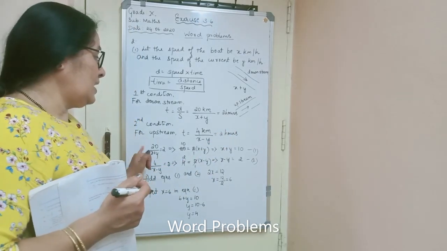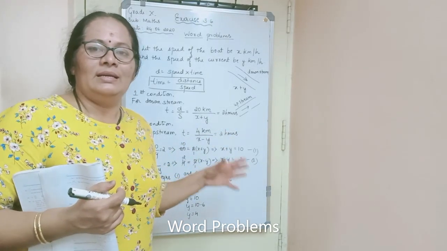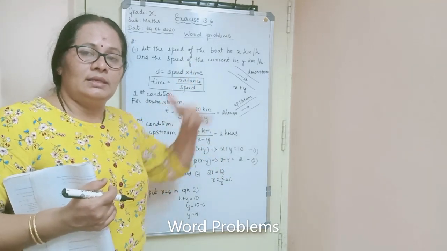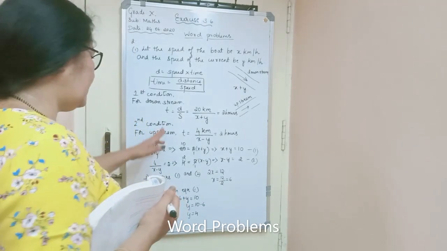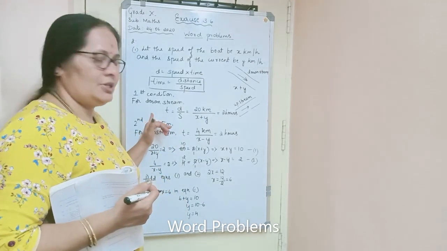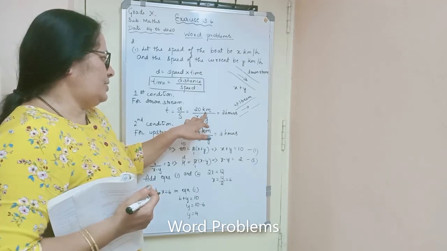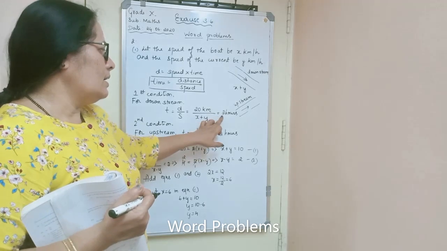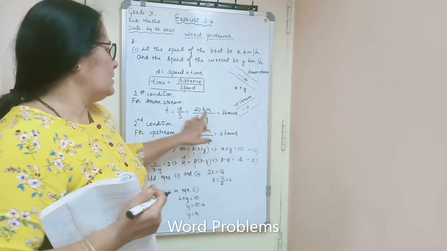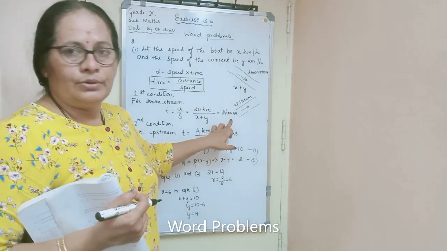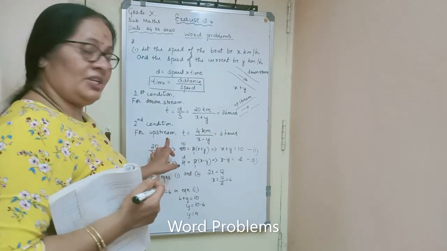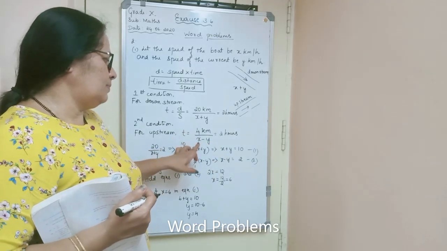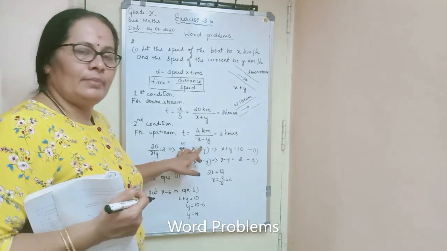But in the upstream, the boat speed is x, but the speed of the water is negative, because it is in the opposite direction. So for downstream, the distance traveled is 20 km and the speed is x plus y. The time taken is 2 hours. So 20 by x plus y equals 2. Then for upstream, the time taken is 2 hours, which is distance by speed, that is 4 by x minus y.